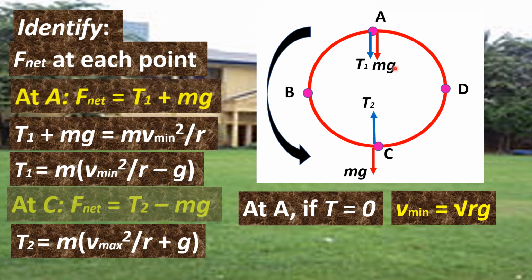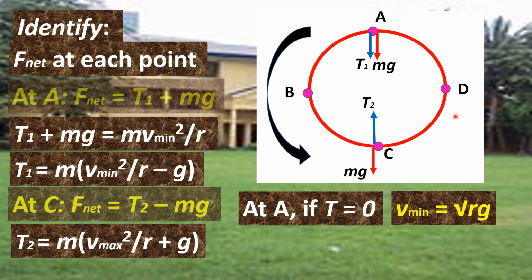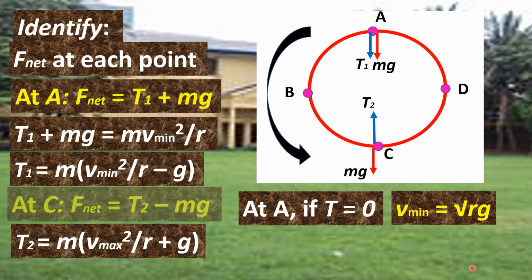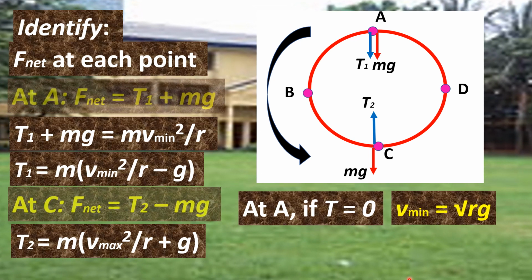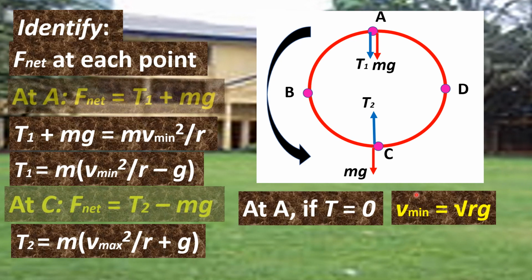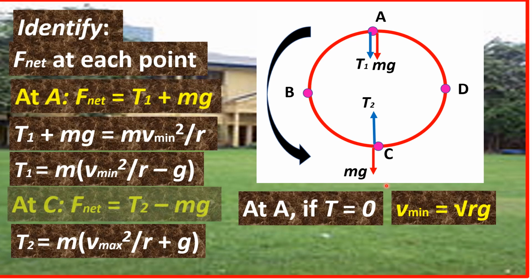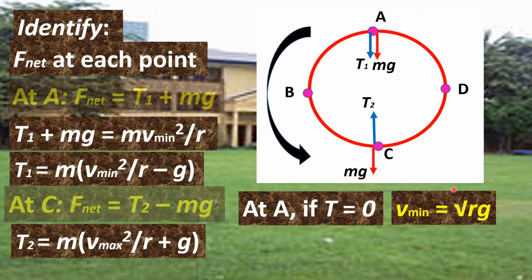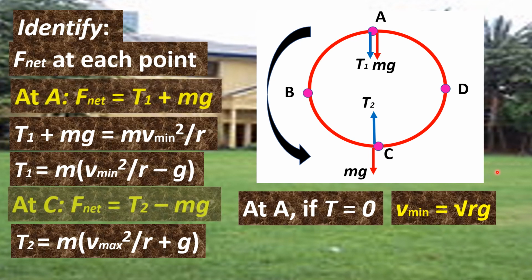So removing the string from the picture will also remove the so-called centripetal force that will be exerted on the ball, or that will give it what we call the centripetal acceleration.